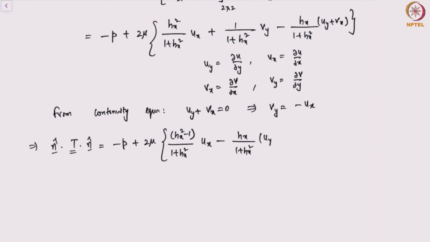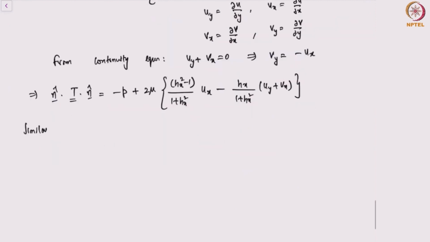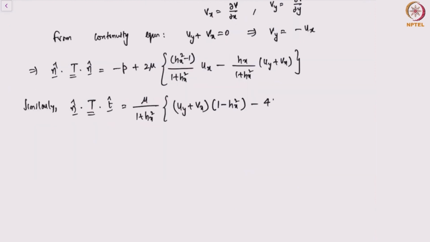I can also similarly derive the expression n dot capital T dot T to be mu by 1 plus hx square uy plus vx times 1 minus hx square minus 4 ux hx.